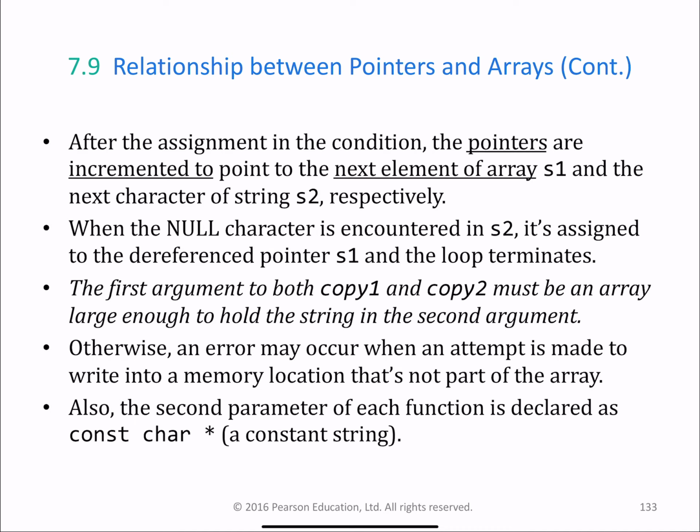And after each such assignment, both pointers are incremented. The exit condition is the same. When the null character is encountered in S2, it's assigned to the dereferenced pointer S1, and that gets us out of the for loop.